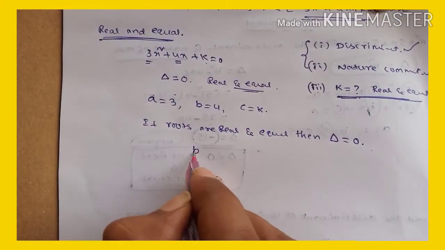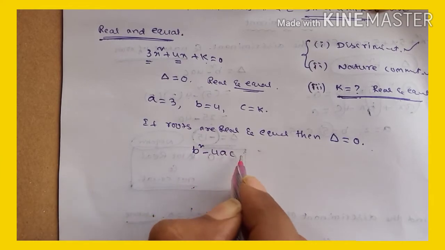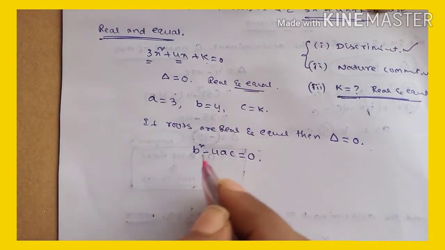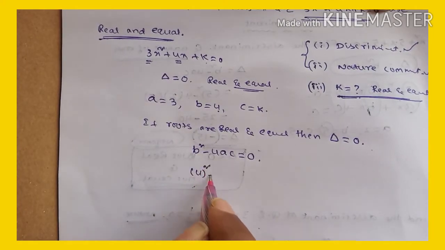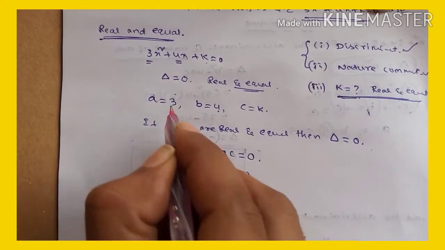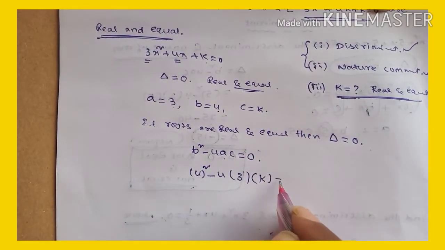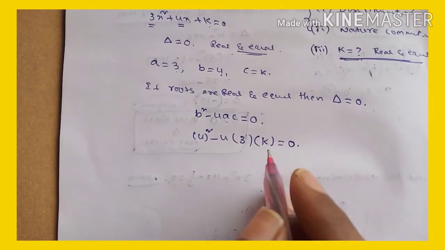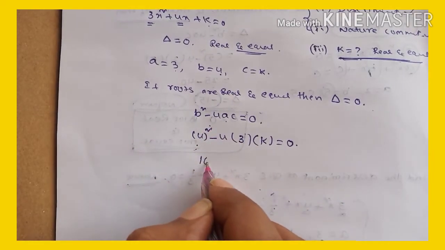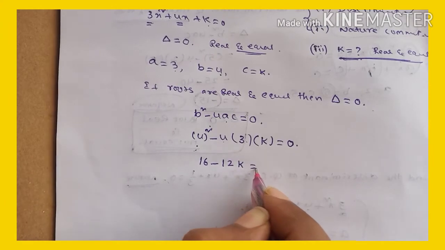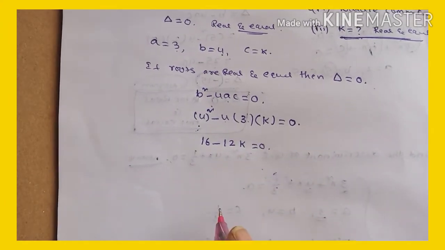What is the delta formula? b square minus 4ac is equal to 0. b value is 4, so 4 square minus 4 into a value 3 and c value k is equal to 0. 4 square equal to 16, 4 3s are 12, k is equal to 0.